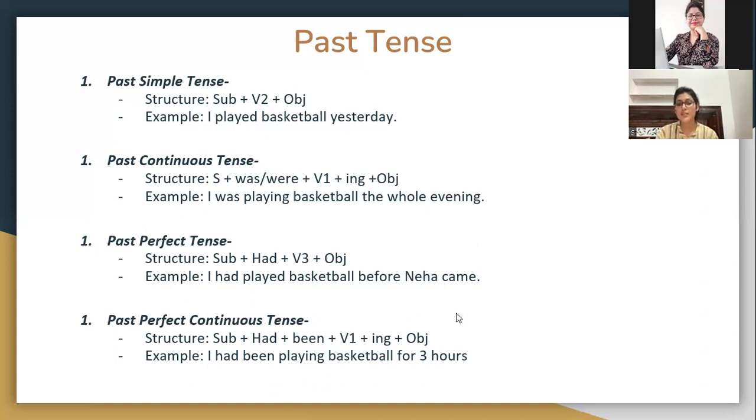In this example, I was playing basketball in the past, continued in the past and ended at a certain point in the past, and I played basketball for 3 hours. The time is not fixed or is indefinite, so we do not use since, we use for. The example is: I had been playing basketball for 3 hours.